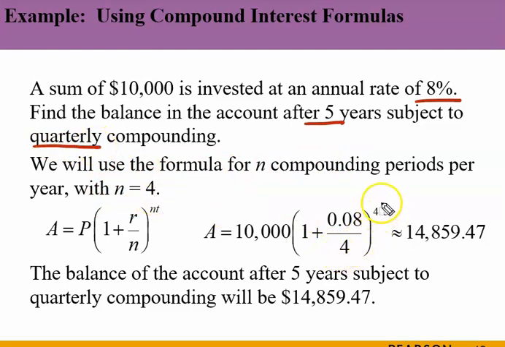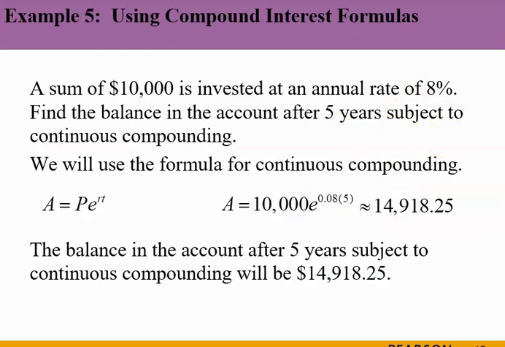And then our exponent is going to be our n again, which is 4, times the number of years, which is 5. So this here is going to end up being 20. Now again, I would do this division first, add 1 to it, get the exponent 20, then multiply it by 10,000, and it ends up with this. Not a bad investment, and rate of interest being 8%, that's really very, very good.